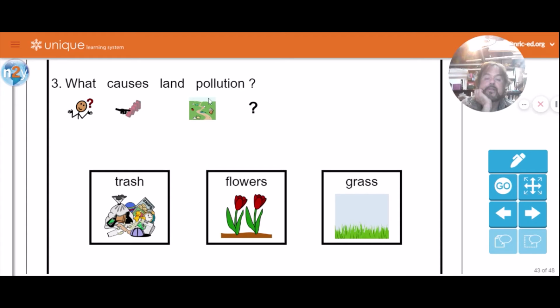What causes land pollution? Is it trash? Is it flowers? Is it grass? You're right. It's trash that causes land pollution.